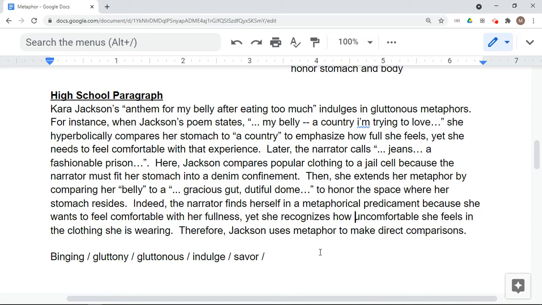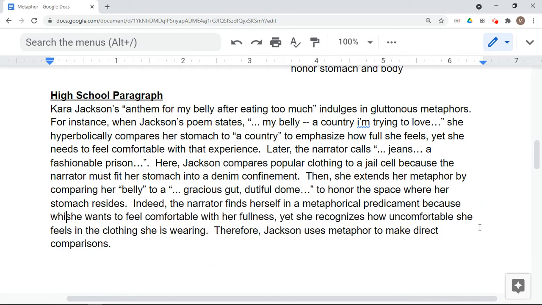Indeed, the narrator finds herself in a metaphorical predicament because while she wants to feel, that's an interesting choice of words there, because while she wants to feel comfortable with her fullness, she recognizes how uncomfortable she feels in the clothing she is wearing.